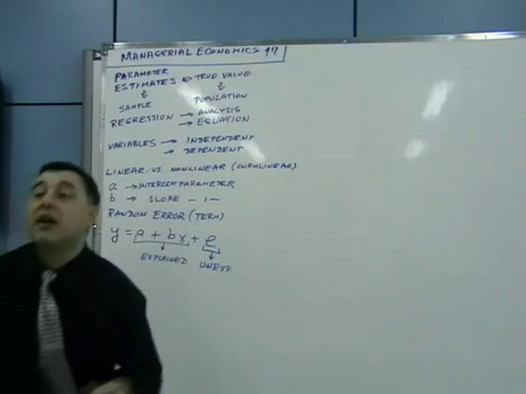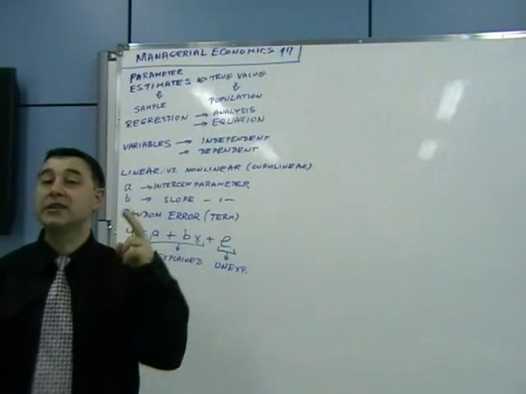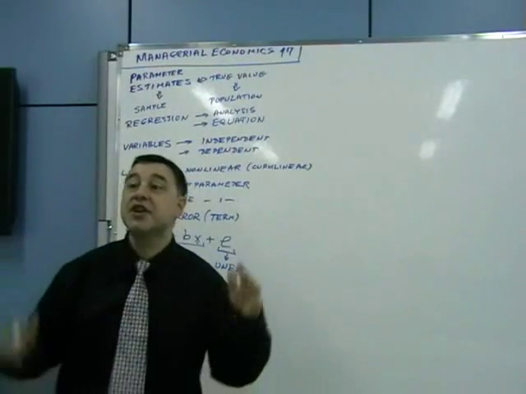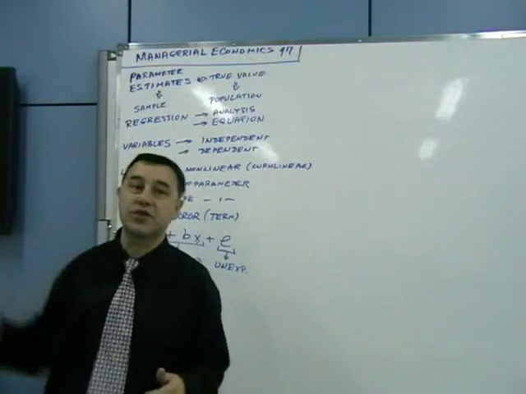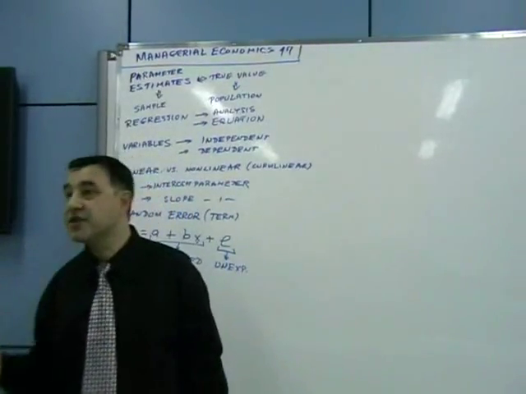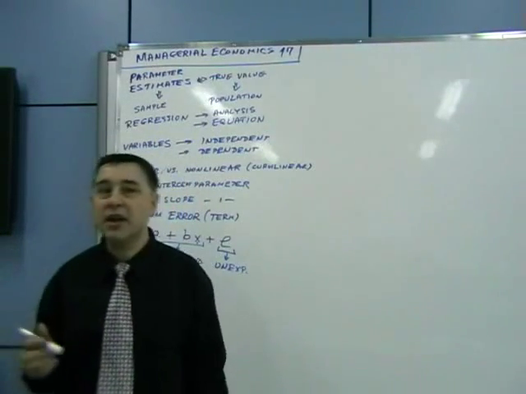I already explained last time the two fundamental types of data. One is cross-section. You observe, let's say, the interest rate across different countries: Belgium, Russia, Japan, Germany.